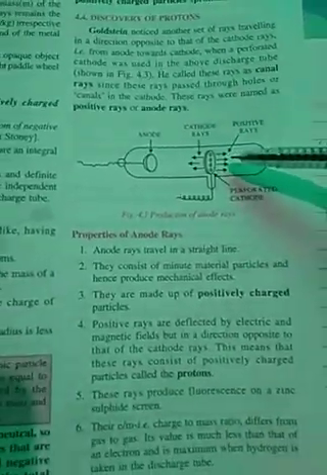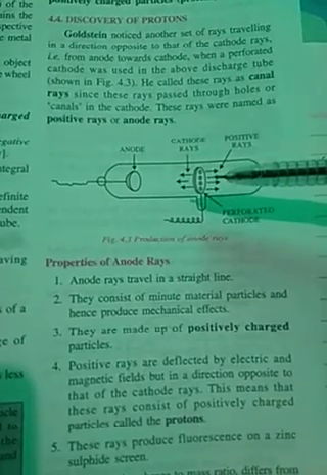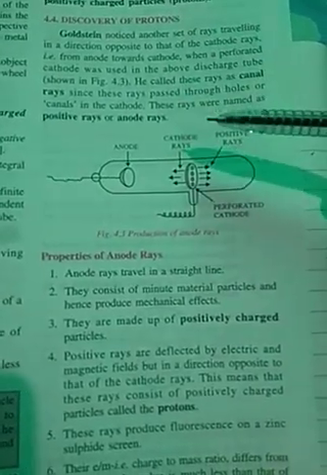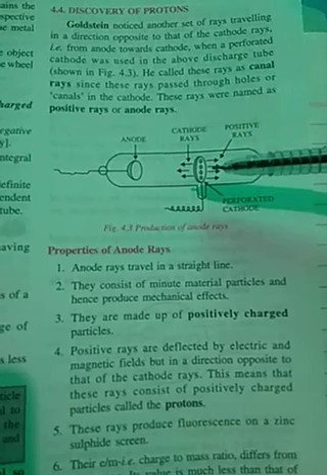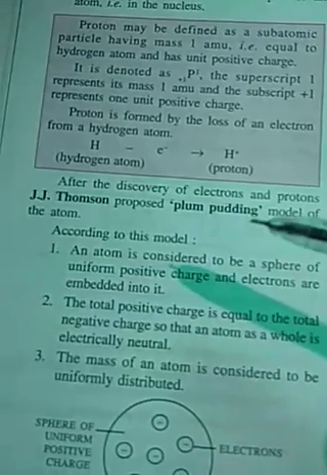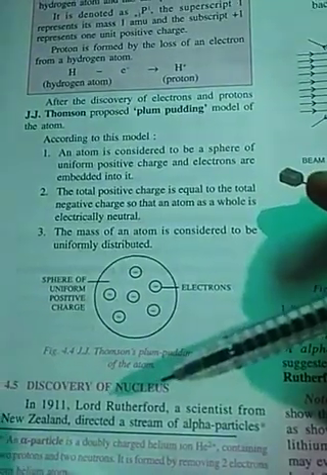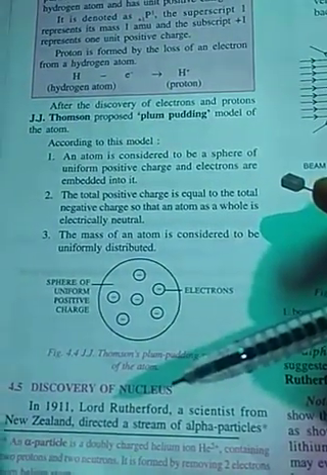Then we had seen anode rays and its properties. Even we had seen how protons were discovered by the discovery of anode rays. After that, we had seen the plum pudding atomic model, then discovery of the nucleus by Rutherford.